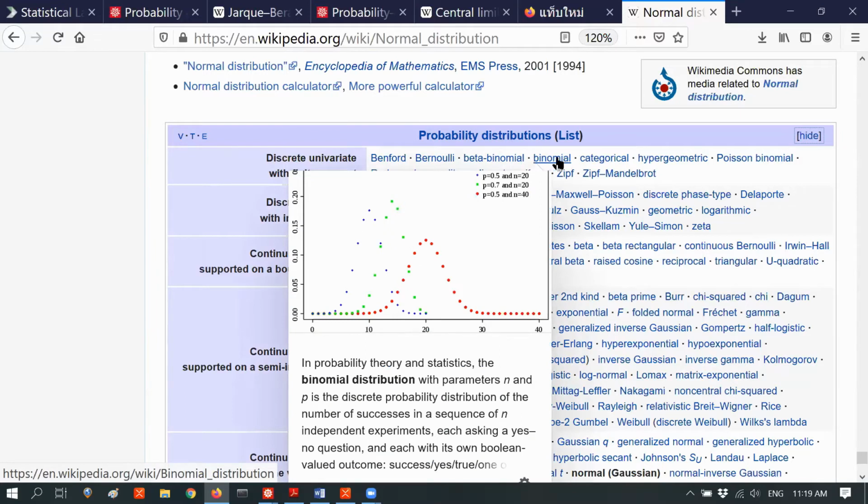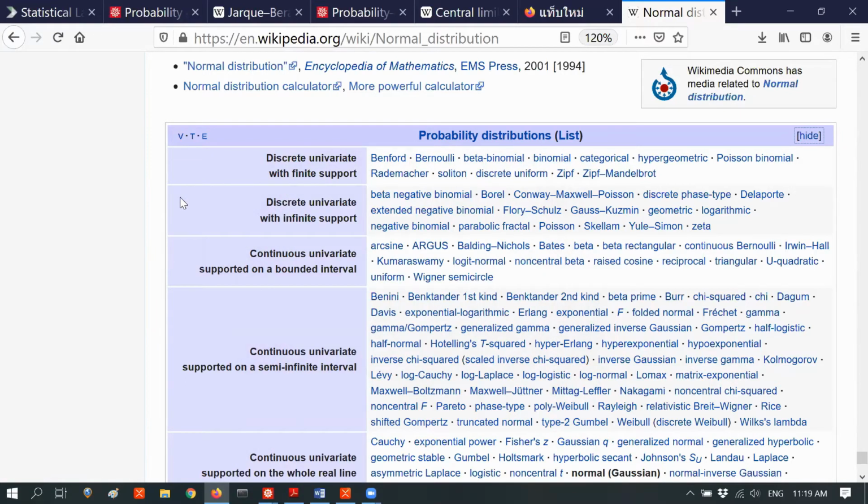Now, if I look for discrete but infinite, meaning the number of events could be infinite, there's no upper bound. For example, forest fire is very rare. But if you think about it, there's no upper limit, right?